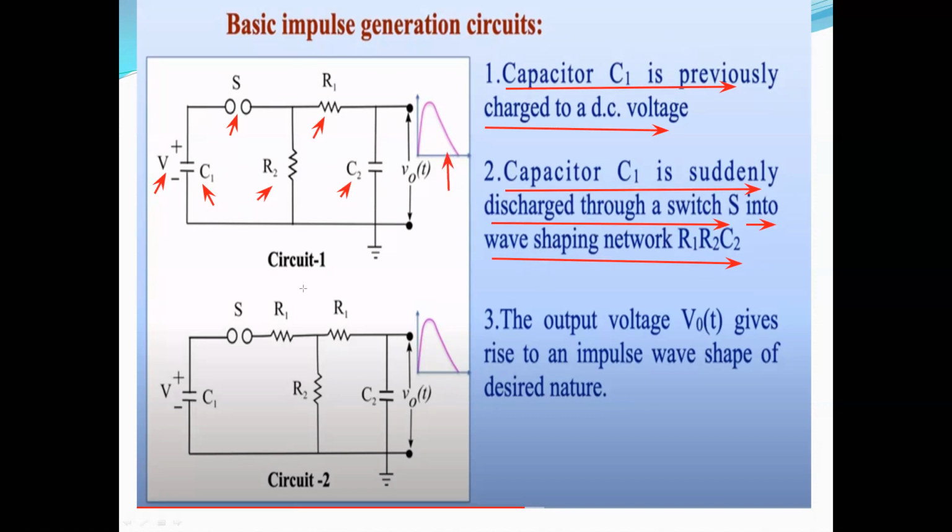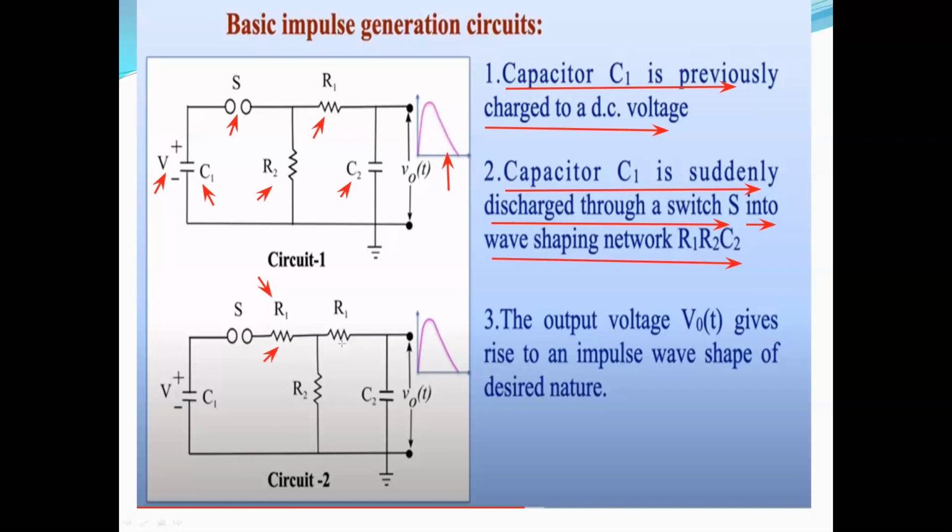And this is circuit 2. There is only one difference between circuit 1 and circuit 2: one more resistor is introduced across here, for flexibility and stability of the wave shape.